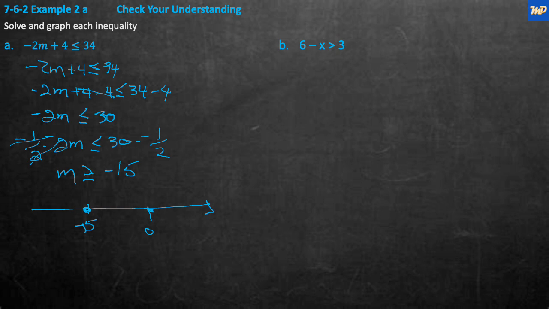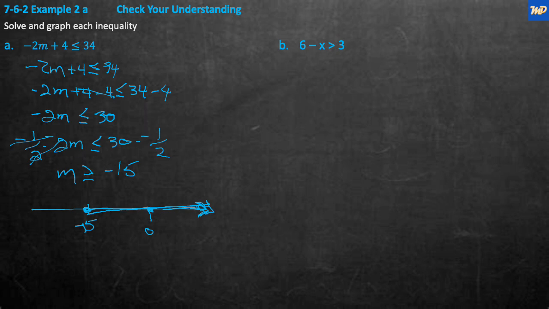We can put the dot, not a circle. If the equals wasn't there, you'd have to put a circle here. And we're going to then say that m is greater than everything from here. So we're just going to fill this in, make it darker. And that's m is every number from minus 15 to infinity.